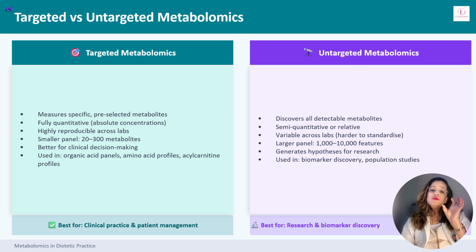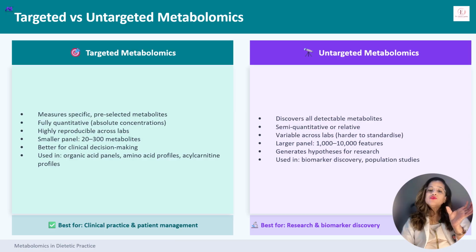you cannot say that. In fact, there are many research papers which report these untargeted findings. We do not need to understand all these things in great detail, because for us report reading is very essential. But if the patient brings a metabolic report from a private lab, you should be able to say whether it is targeted or untargeted.